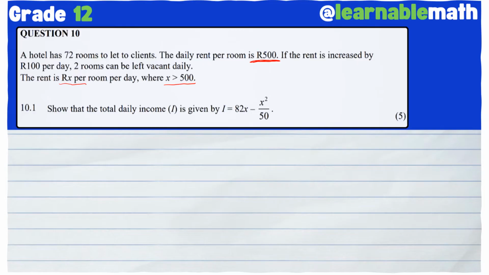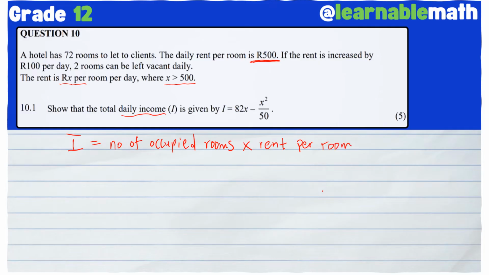So we do know that the expression of the income will be equal to the number of occupied rooms. How many rooms are occupied on that day? Remember, this is an expression of daily income. The number of occupied rooms on that day, multiplied by the rent per room. So that will give us the total income that this hotel can generate.